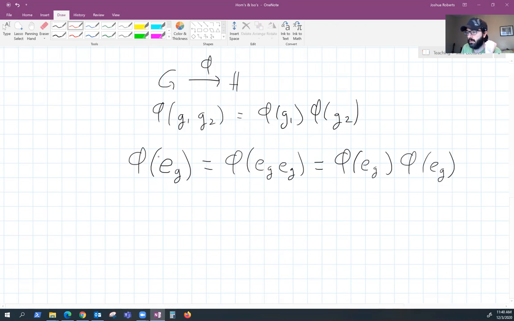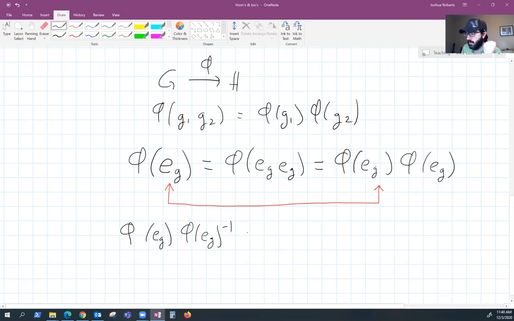But now look what we have. We have this is equal to this. And so we do that familiar thing we do in algebra all the time, where we take phi of the identity in G and then multiply by its inverse, and do the same thing to the right-hand side: phi of the identity in G times phi of the identity in G inverse.